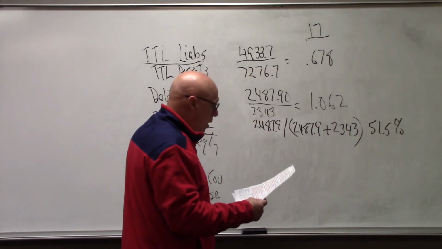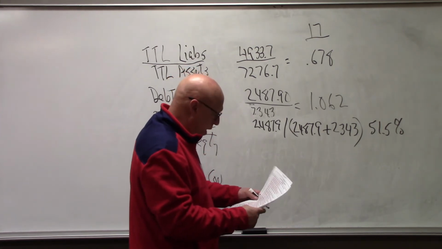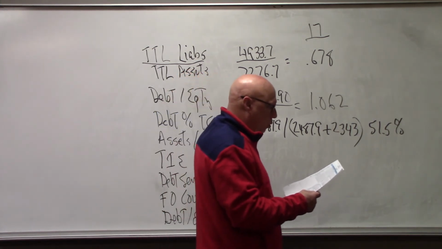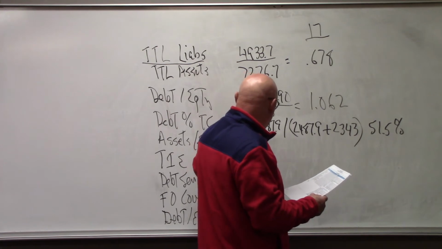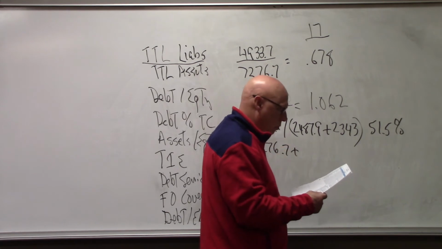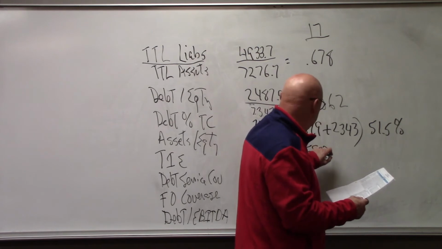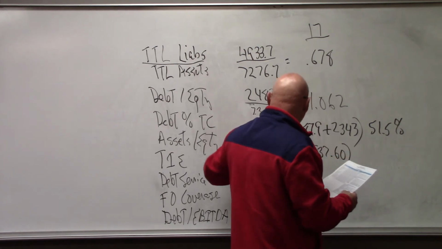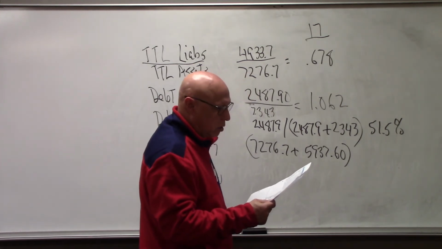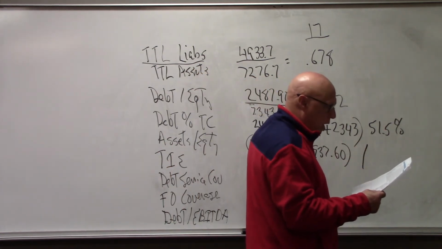Okay? Now, assets to equity. So we're going to have to average our total assets for 2017. So that's going to be 7276.7 plus 5937.6. So that's total assets at the end of 2016 and at the end of 2017. So we're going to put that in the numerator and we're going to divide that by average total equity.